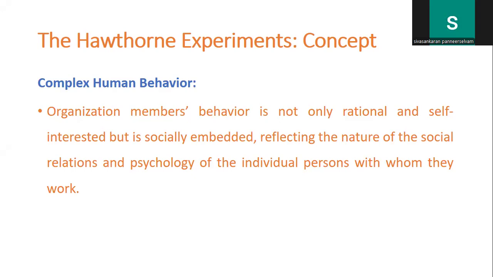Complex human behavior is also considered to be one of the more important factors. Every individual's nature is closely bound with the social relations and psychology of the people with whom they work.